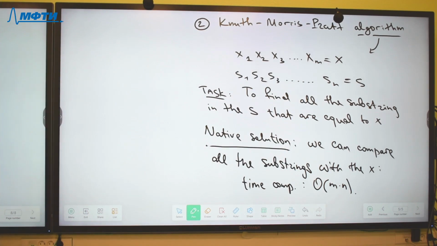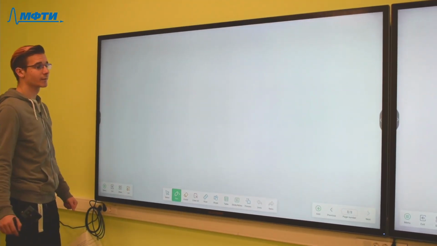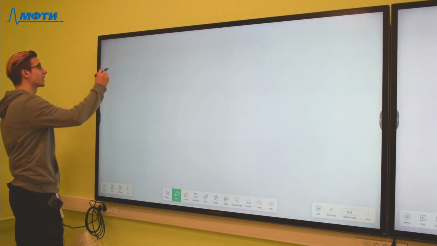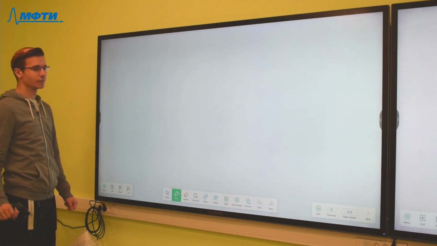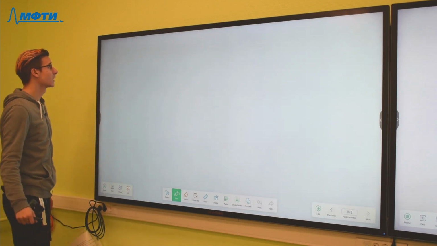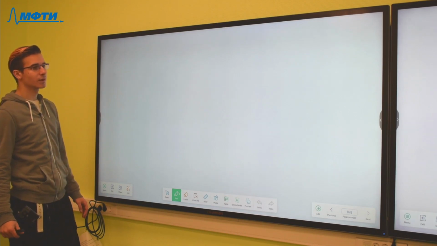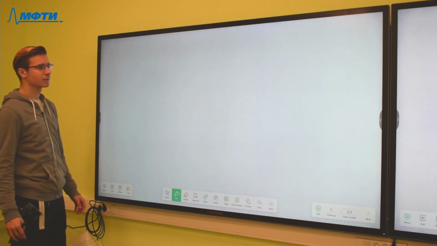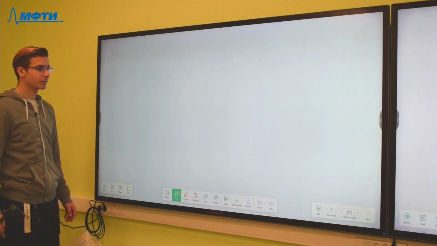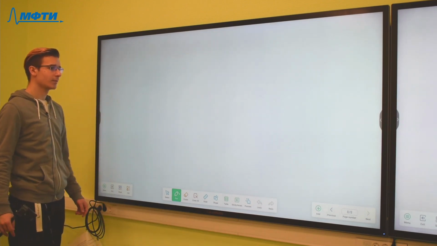And of course, it is very bad that we have time complexity equal to the multiplication of these two numbers, because m can be asymptotically equal to n, and we have here n square, and it is very bad.